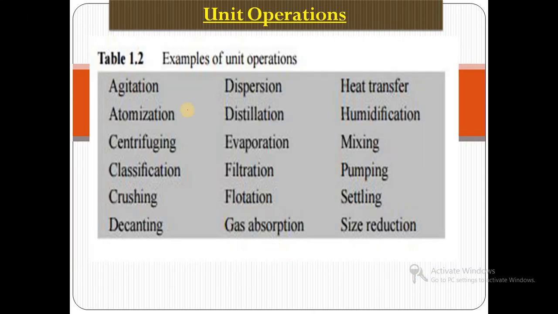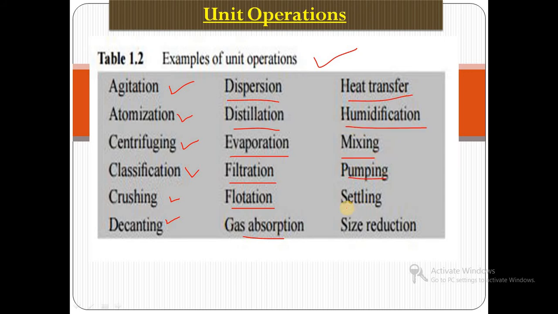Then there are several examples of unit operations: agitation, then atomization, centrifuging, then classification, crushing, decanting, dispersion, distillation, evaporation, filtration, flotation, then gas absorption, heat transfer, humidification, mixing, pumping, settling, and size reduction.